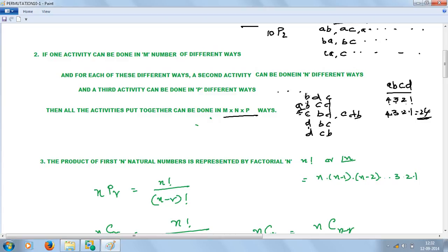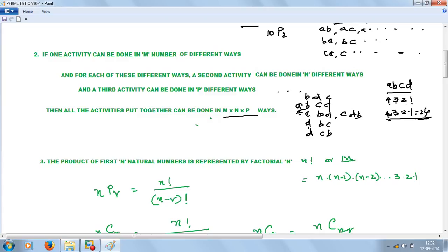For the second letter B, the third letter is D or C. For the second letter C, you have got 2 combinations. Here, the third digit can be filled in 2 ways. That's how this formula comes.